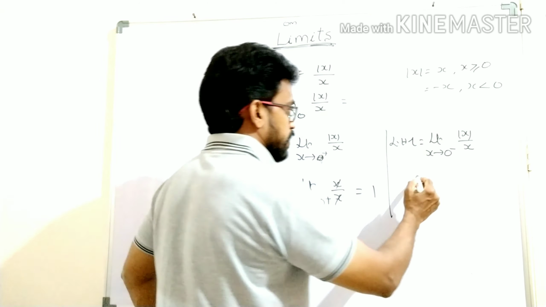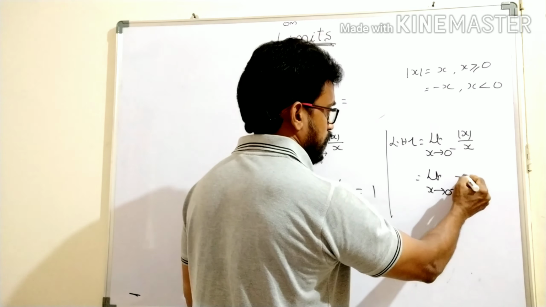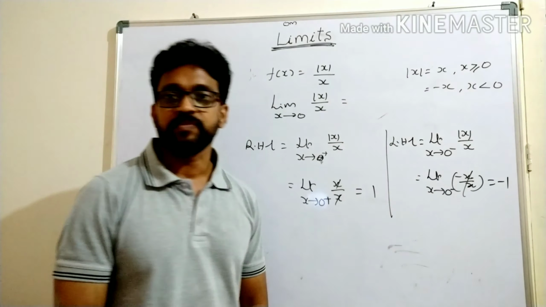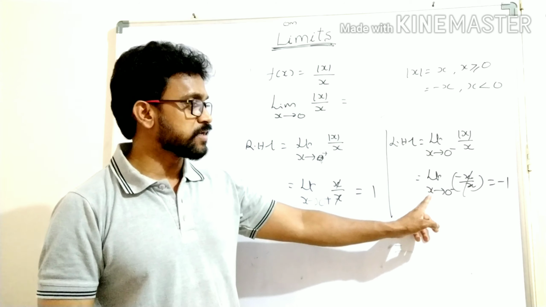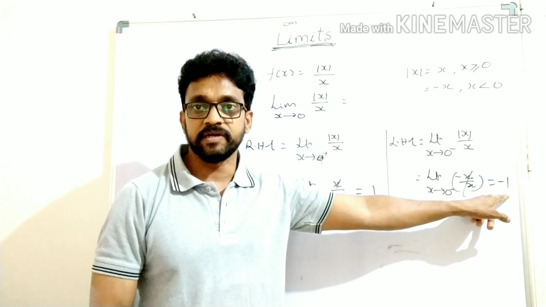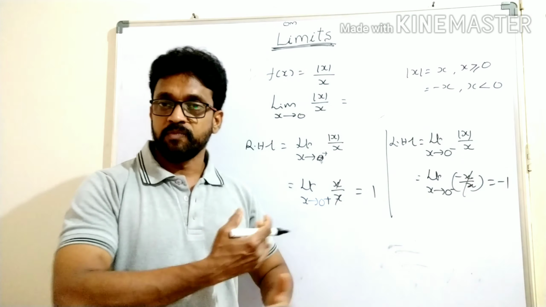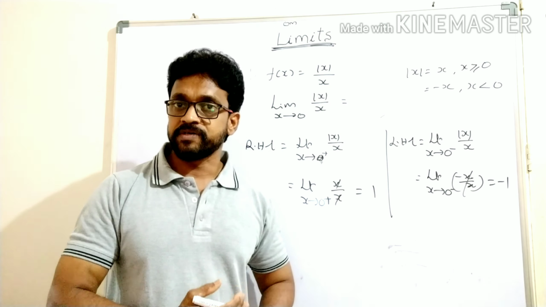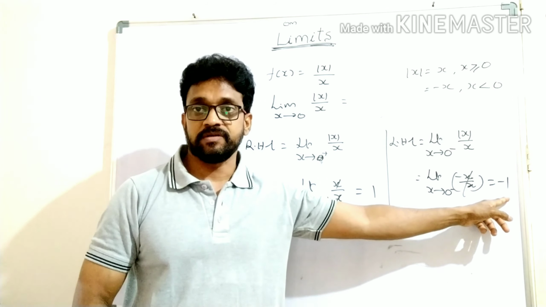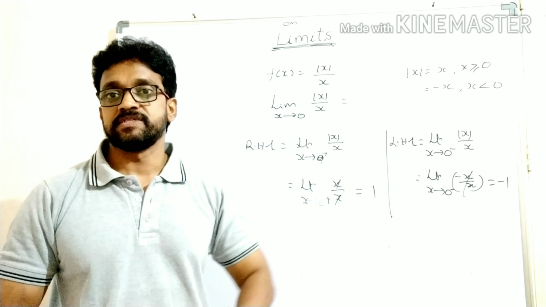So the limit is minus x by x, which is minus 1. As x tends to 0 minus, the corresponding function tends to minus 1. So both limits exist because in both cases the function tends to a finite number, but they are not equal. That's why in this case the limit does not exist.